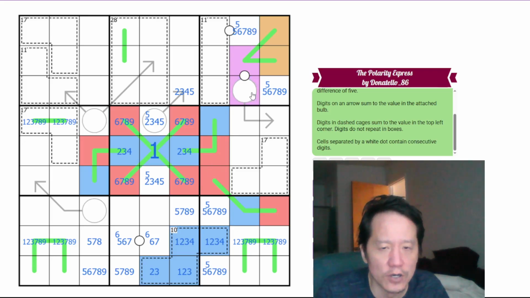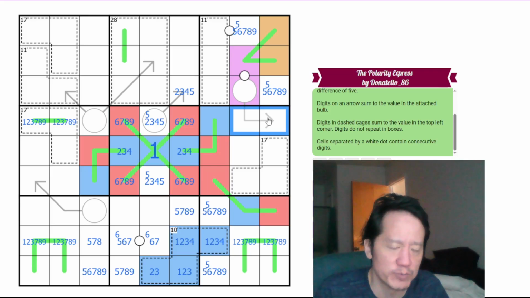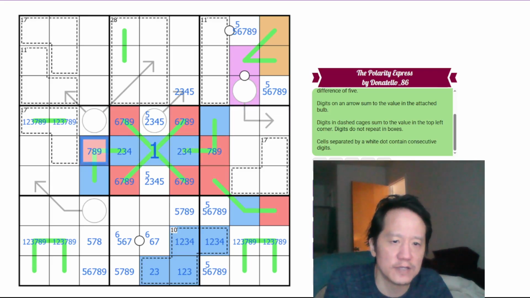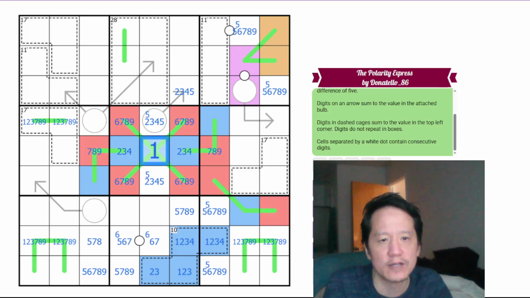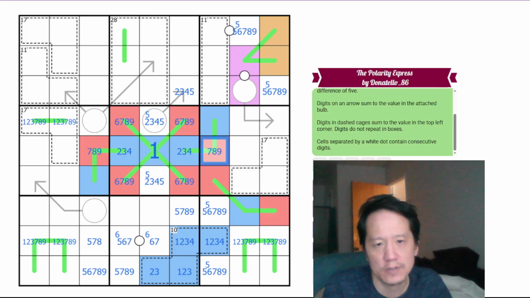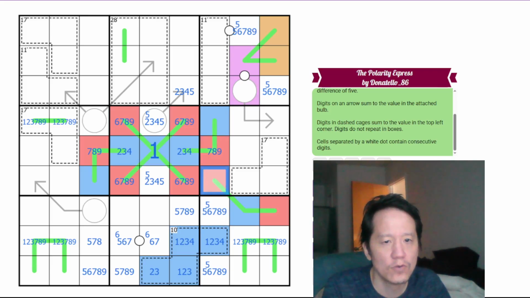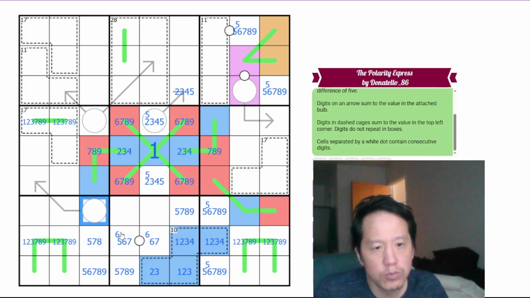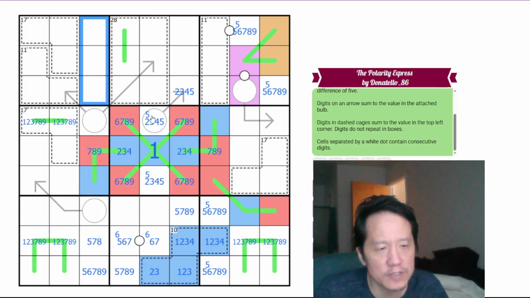If this is low, then these two both must be low also. This has to be at least 7, 8, or 9. And this is at least 7, 8, or 9 because it's next to at least a 2. These three add up to 17 also.